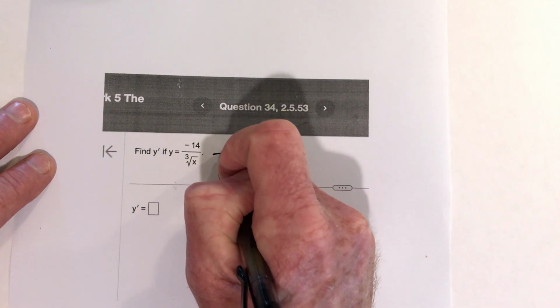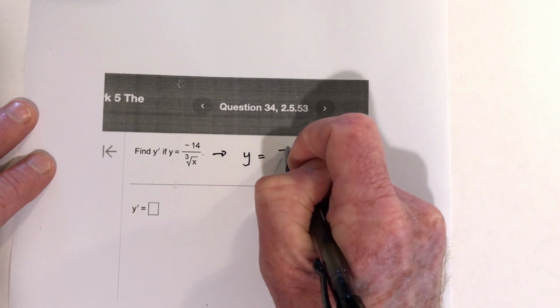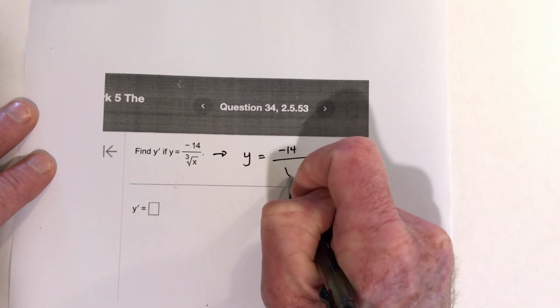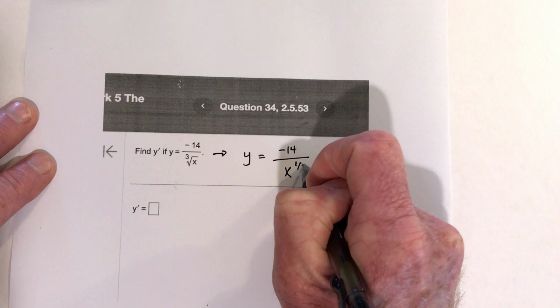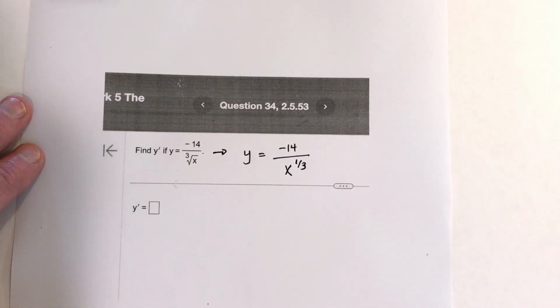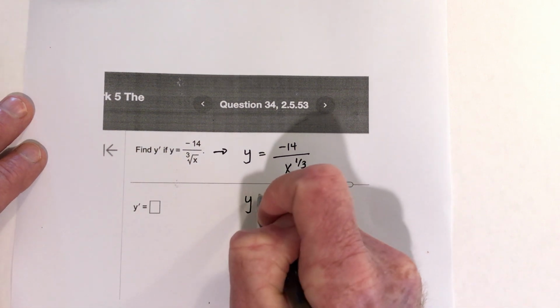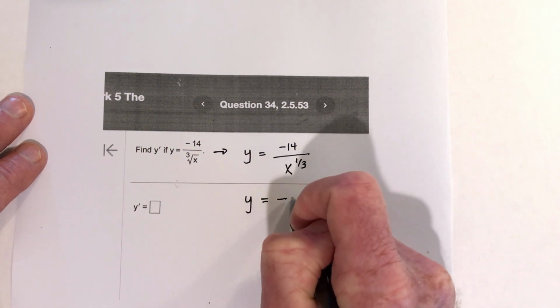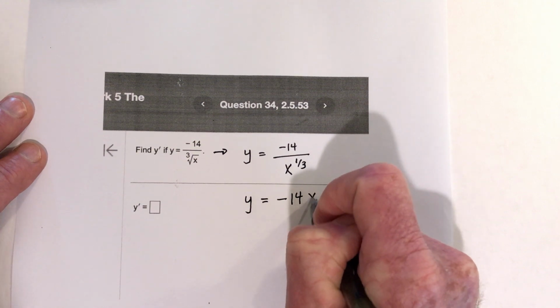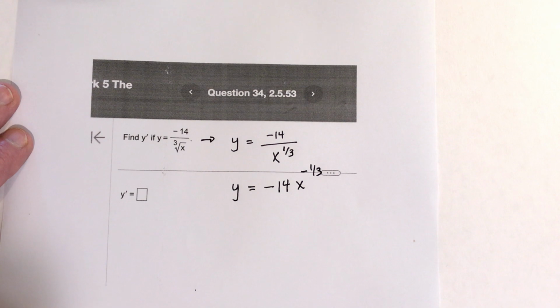So for this function, first of all, I could rewrite the cube root as x to the 1/3. And right now, I cannot do the power rule until the x is in the numerator. And to do that, you just change its exponent to be a negative. Okay, so now this one is set up and I can do the power rule.